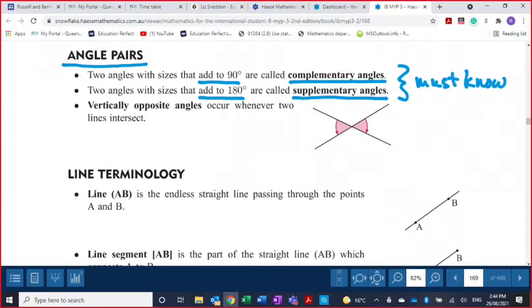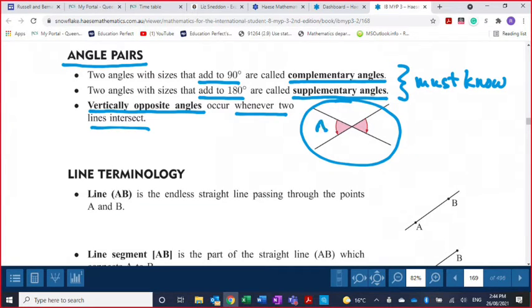The next thing we need to talk about is the idea of vertically opposite angles. Okay. And here's a picture of vertically opposite angles. What that means is two angles that are exactly across from each other. So they occur whenever two lines intersect.